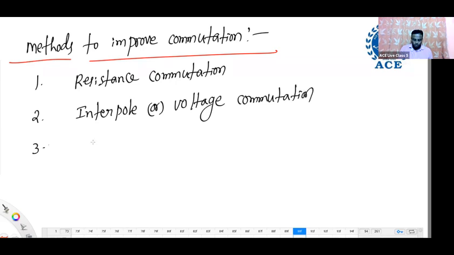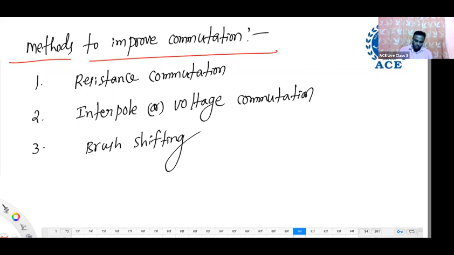Third, brush shifting. Practically it is not possible, only theoretically it is. Brush shifting, because in many examinations we have questions on this brush shifting. In order to improve commutation in a DC machine, in which direction do the brushes have to shift? Opposite to motor direction. Okay, right.